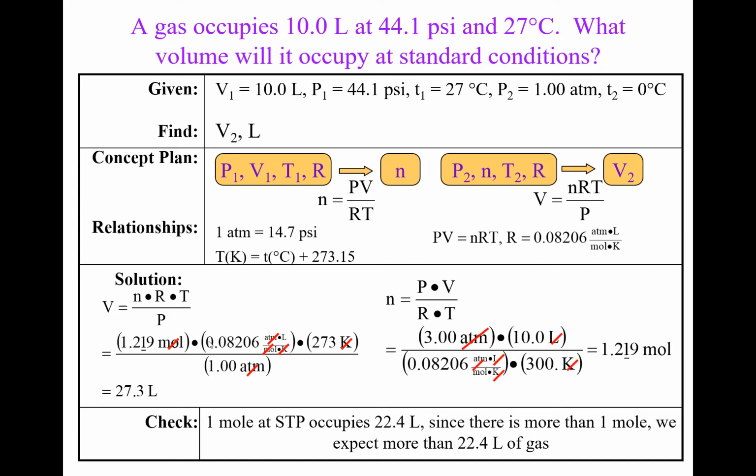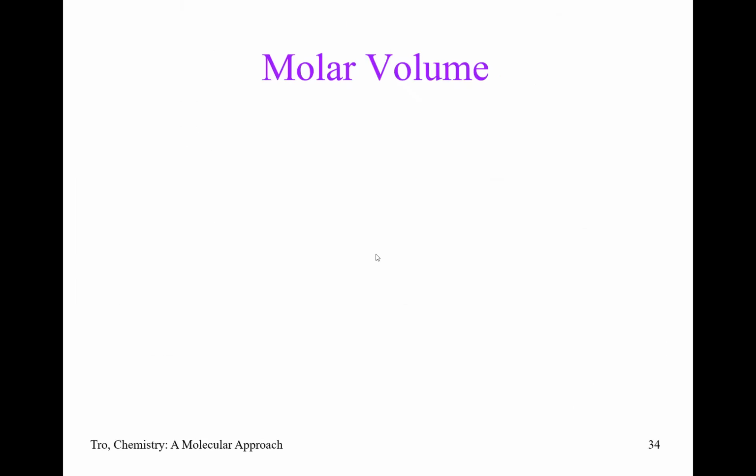This problem just walks you through and shows you from some random conditions then at STP. And this isn't exactly 1 mole, but it's pretty close, right? It's bigger, and so the volume would go down. And so if you put in a 1 here instead of 1.219, you get 1 equals 22.4. And this is what's called molar volume because it's 1 mole.